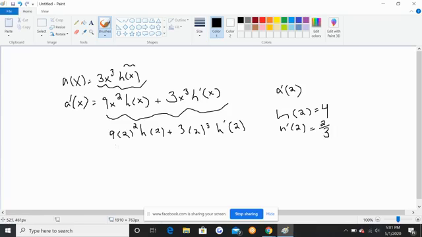So when we solve this, we get 9 times 4, times h of 2, which is 4, plus 3 times 2 to the third power, which is 8, multiplied by 2/3. We could simplify a little bit.